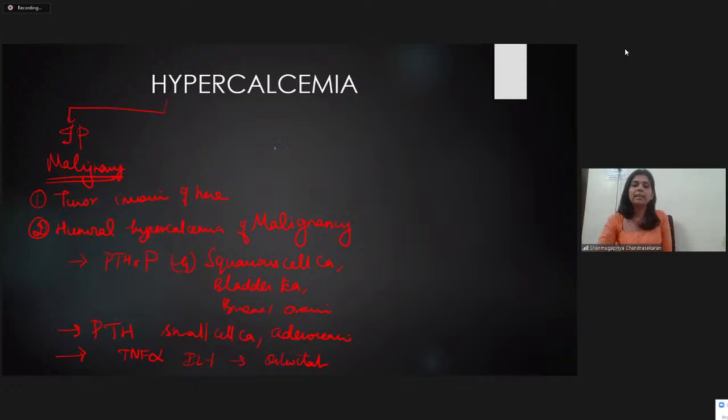Okay, and then lymphomas, as I told you initially, they have 1-alpha hydroxylase activity.